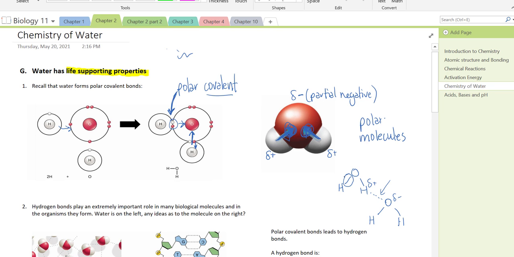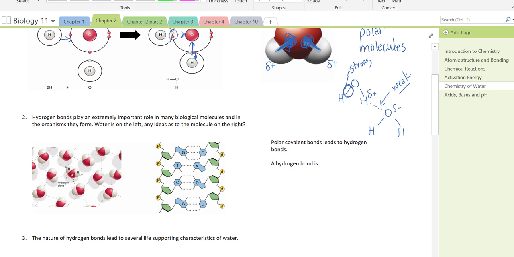It's not like a covalent bond, which is really strong, right? This attraction here is weak, but it's substantial, it's important. And so if we look down in this picture, we can sort of see these hydrogen bonds shown in between water molecules from one water molecule to the next, right? And these hydrogen bonds are shown with the dotted line to show that they're weak.